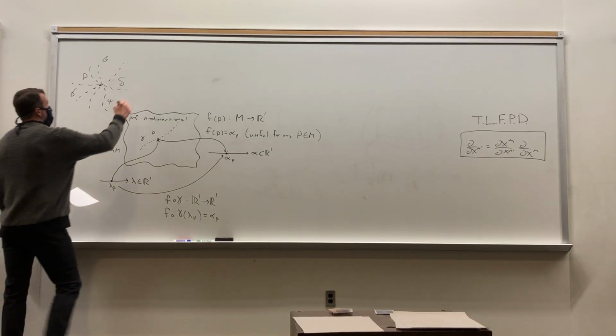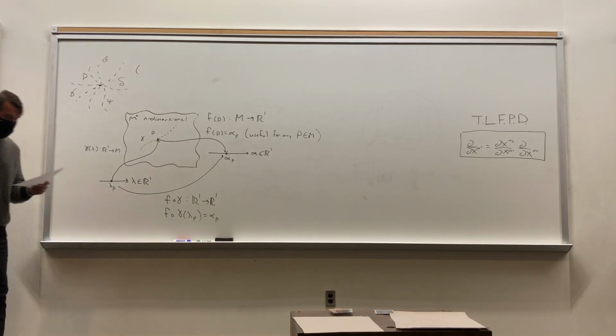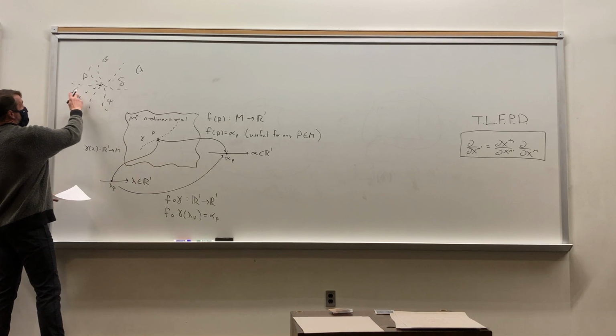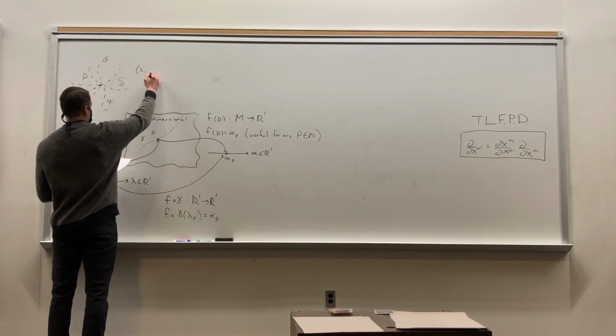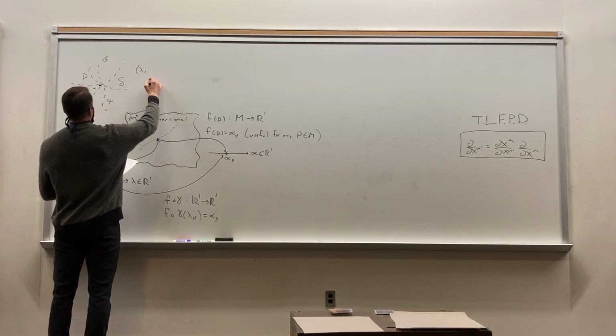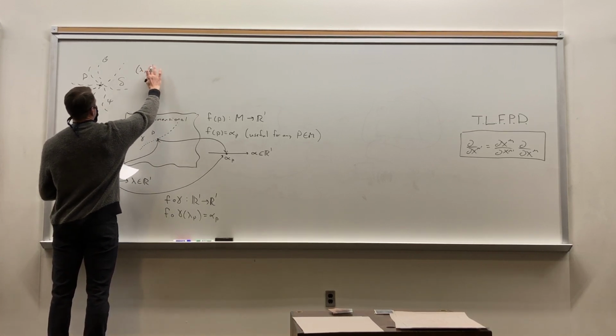Each of these curves would be parametrized by different symbols. So maybe lambda is the parameter of the gamma curve, and then I could do the alpha, no, the alpha's over there.